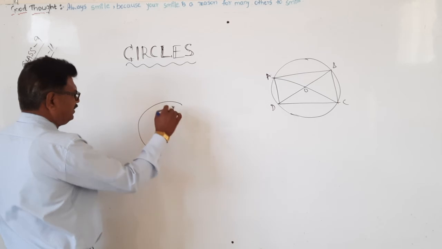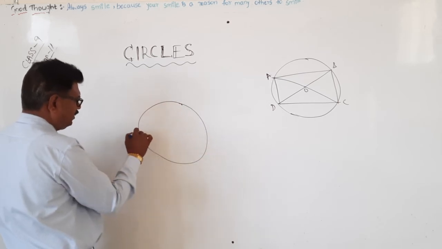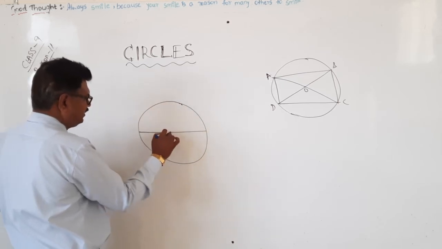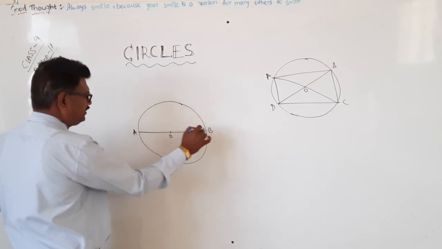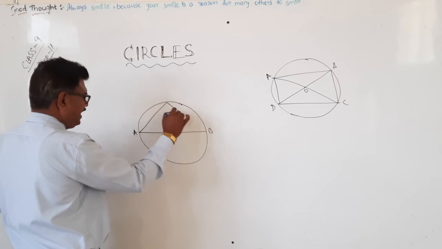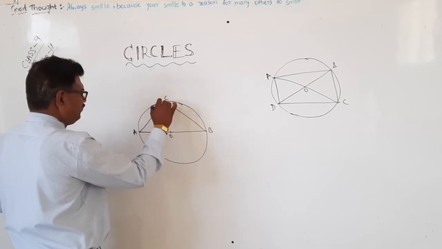You see, take a circle. This is the circle, and this is the diameter AOB. Now take any point, C, for example.